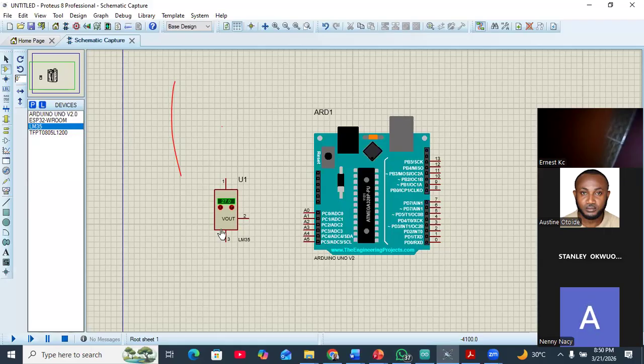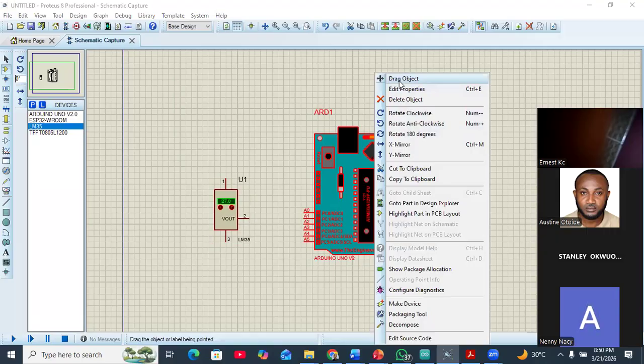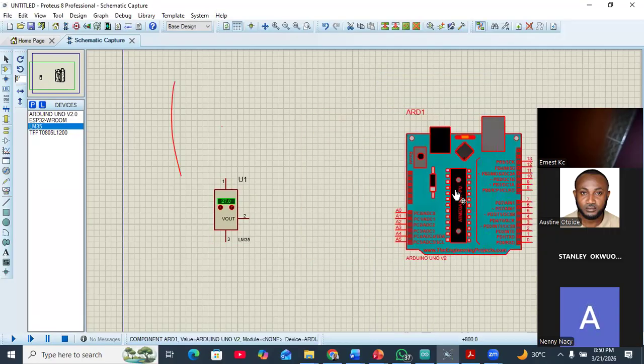So we wire this together. We just have to wire this. We connect before we finally hook it up. We pick a 5 volt power supply, which is usually called VCC.